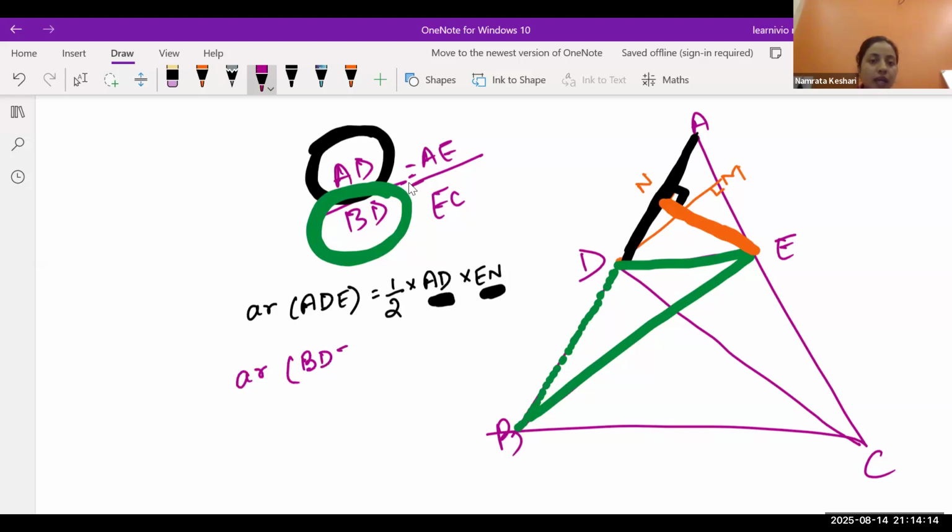Area of the triangle BDE will be 1/2 into base. बेस हमें BD लेना ही चाहिए क्योंकि हमें रेशियो फॉर्म करना है. और हाइट हमारा इस बार भी EN आ रहा है. ध्यान से देखो, तुम्हें खुद समझ में आएगा that yeah, we are on the right track. Can you see 1 by 2 gone, EN gone, AD by BD we will be getting? Yes or no? Yes, ma'am.